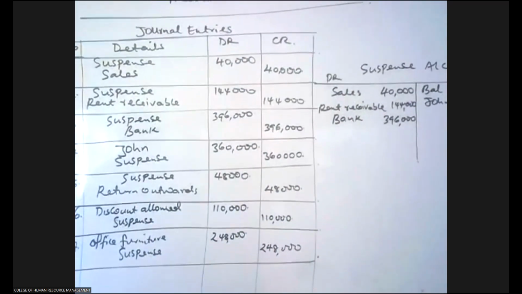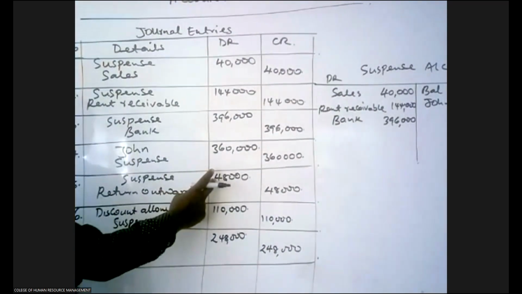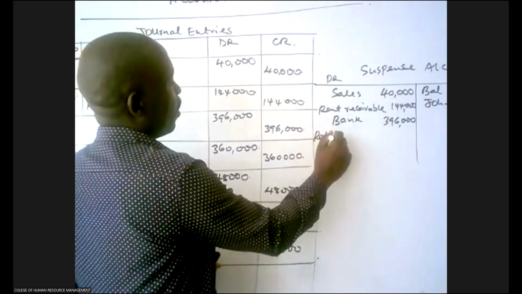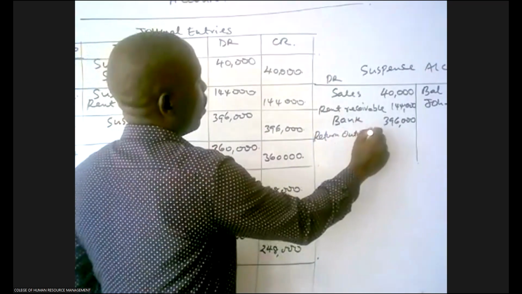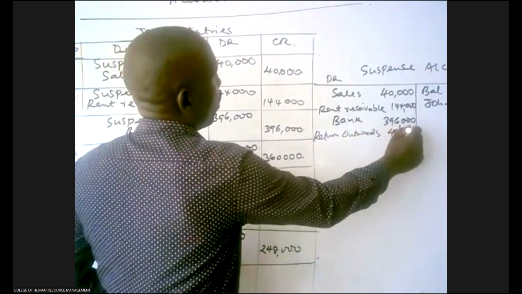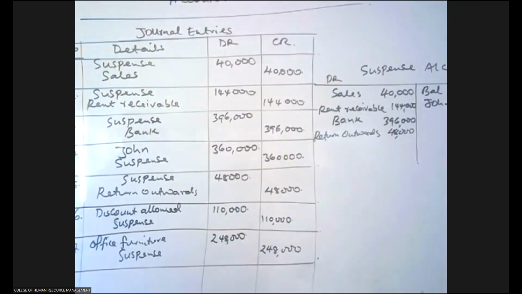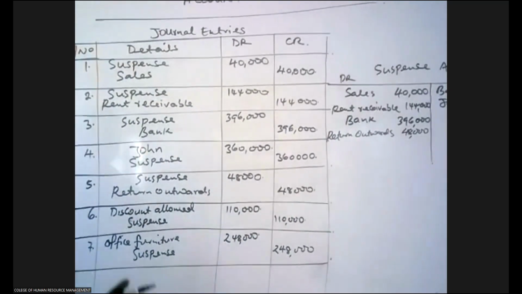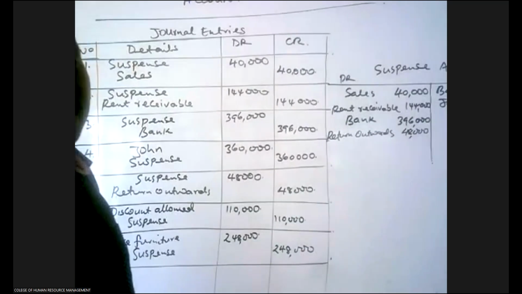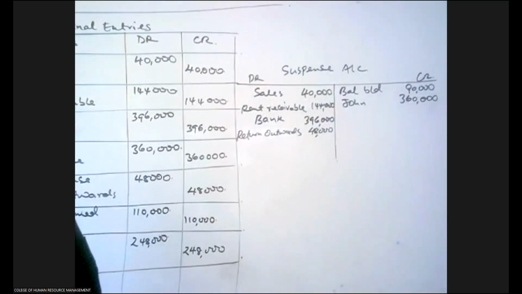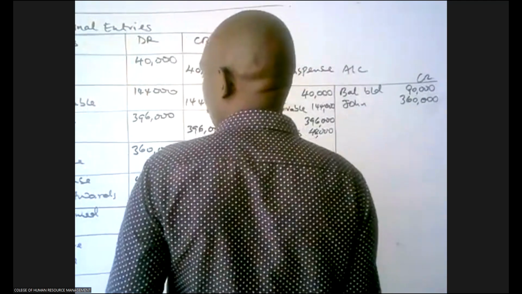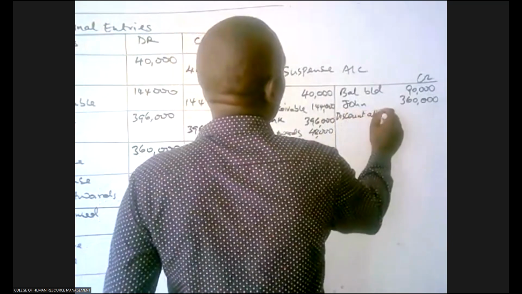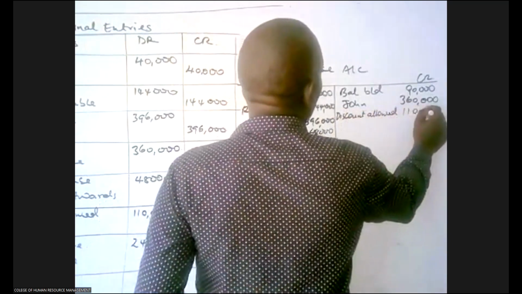Next, suspense has been debited by 48,000. The other account is returns outwards, 48,000. The next one, suspense has been credited by 110,000. The other account is discount allowed, 110,000.